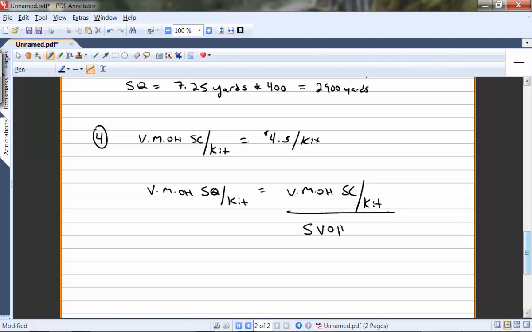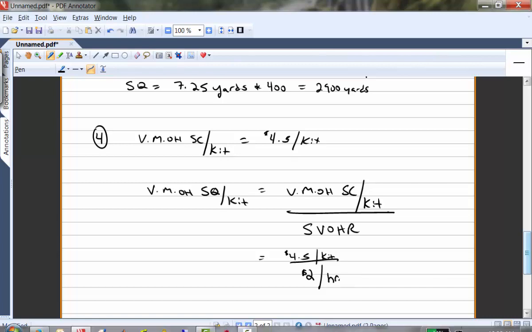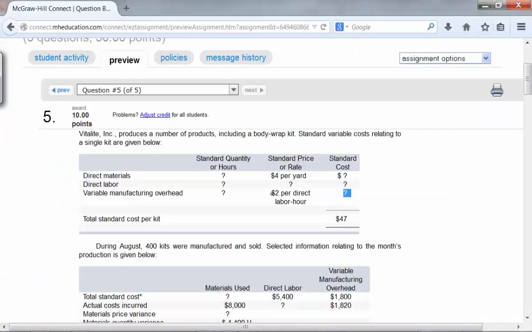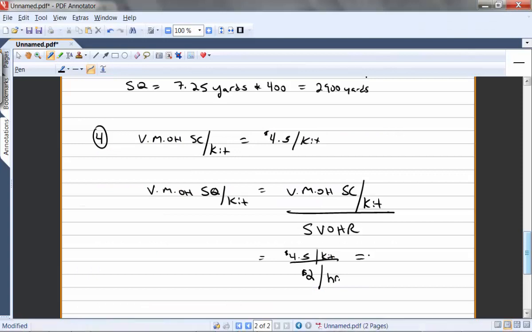SVOHR, standard variable overhead rate. So it's $4.5 per kit divided by $2 per direct labor hour. Right? Here's the standard variable overhead rate. So that means that the standard quantity, each kit should require 2.25 hours to make.